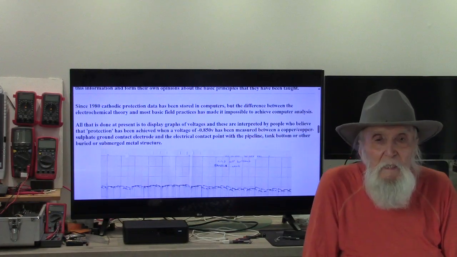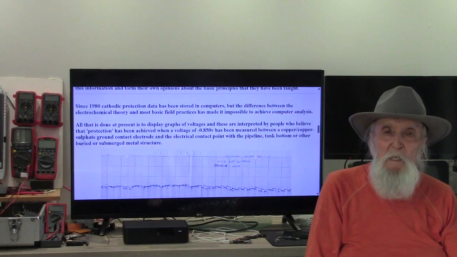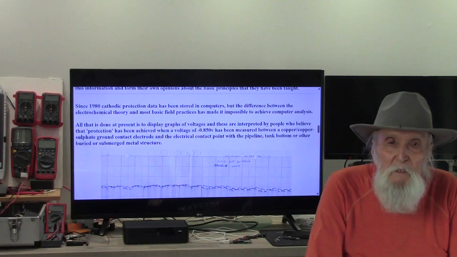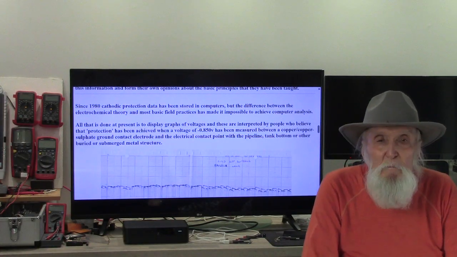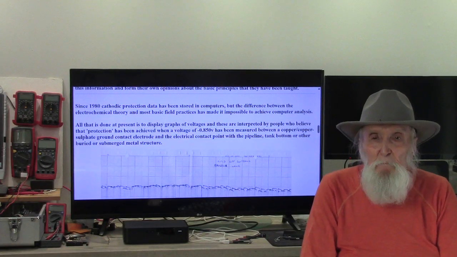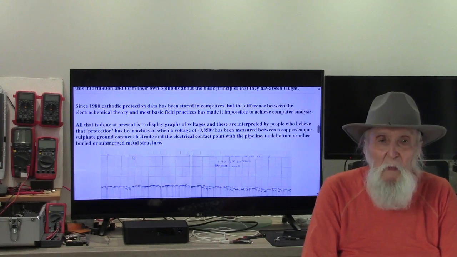Since 1980, cathodic protection data has been stored in computers, but the difference between the electrochemical theory and most basic field practices has made it impossible to achieve computer analysis.